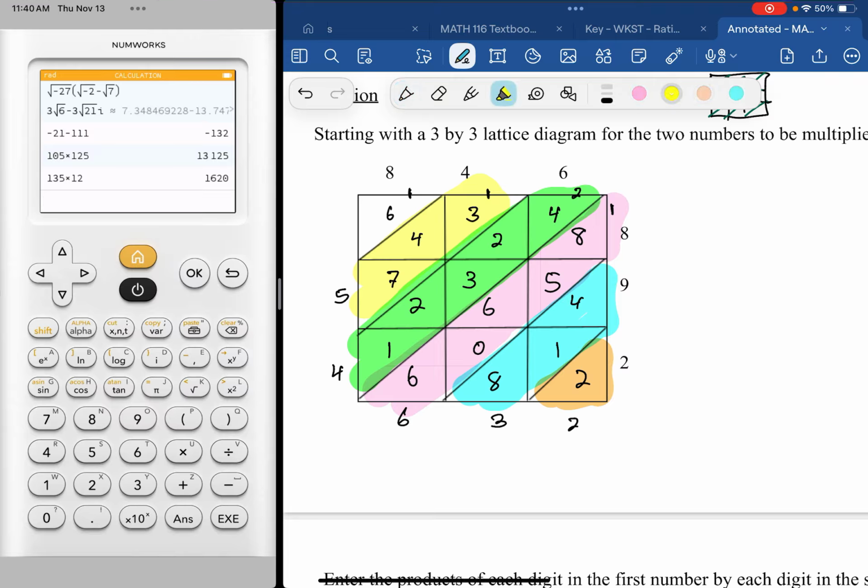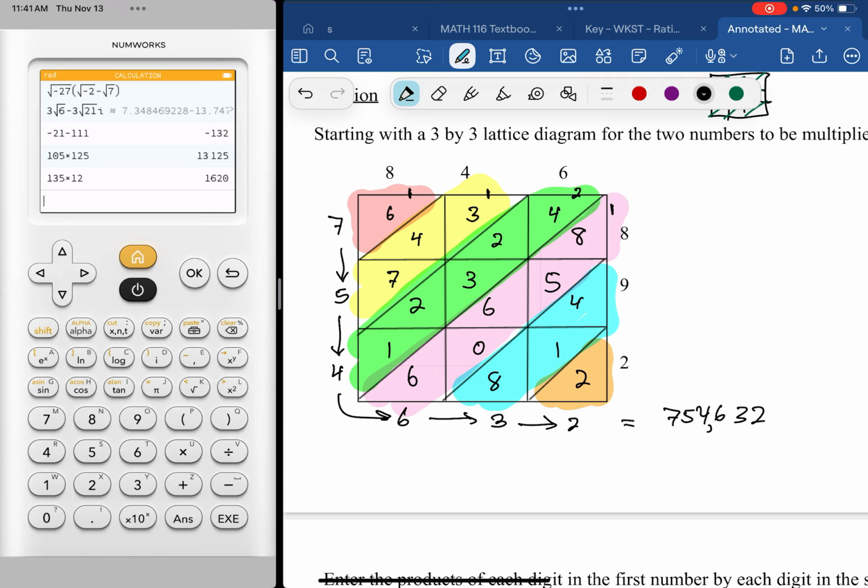And then the last one would be 7. Working our way around the horn here: 7, 5, 4, 6, 3, 2.